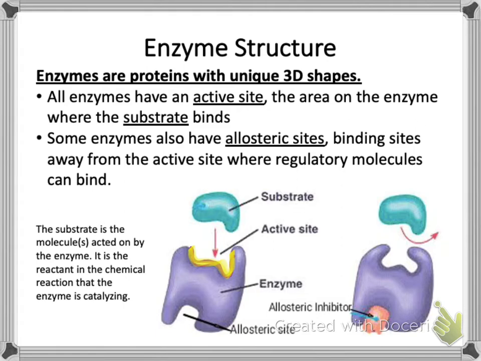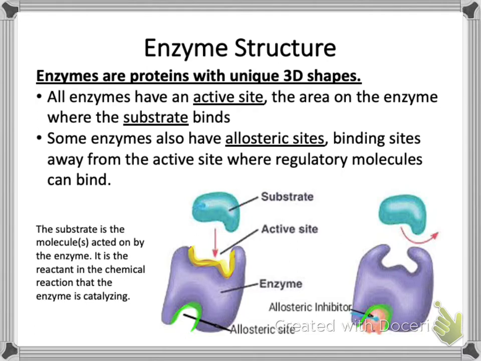Now, because they are also 3D shapes, they might have some additional grooves. The grooves away from the active site in an enzyme are called allosteric sites, and that is where regulatory molecules can bind, such as this inhibitor we see down here. I'm going to highlight the allosteric sites green in this case, so you can see they're away from it.